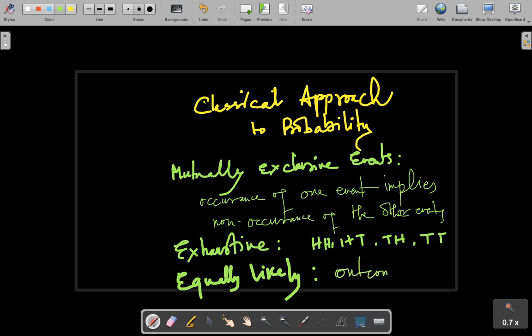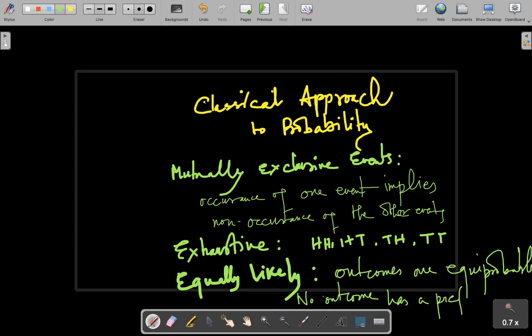No one outcome has preference over the other. We can also write: no outcome has a preference over the others. Okay, so that's what we call equally likely.